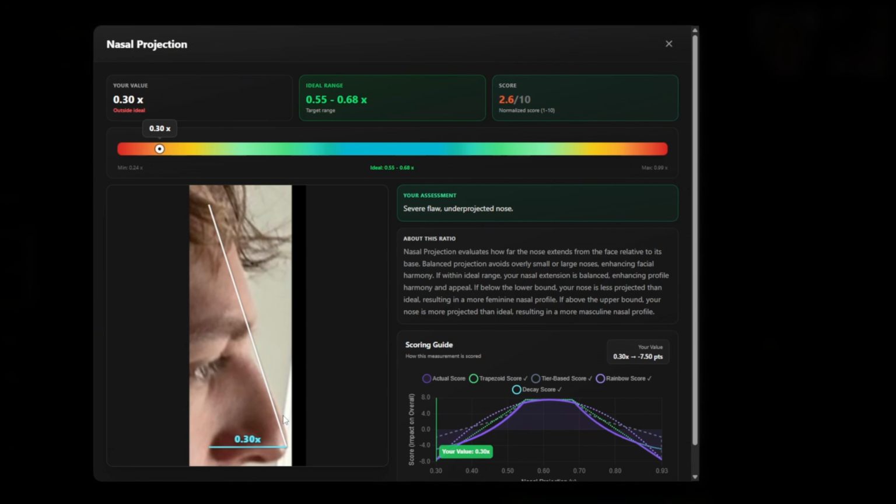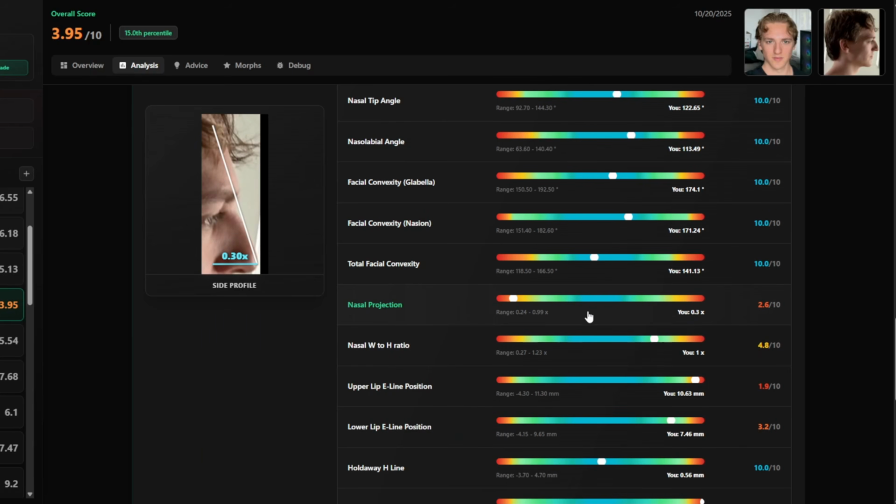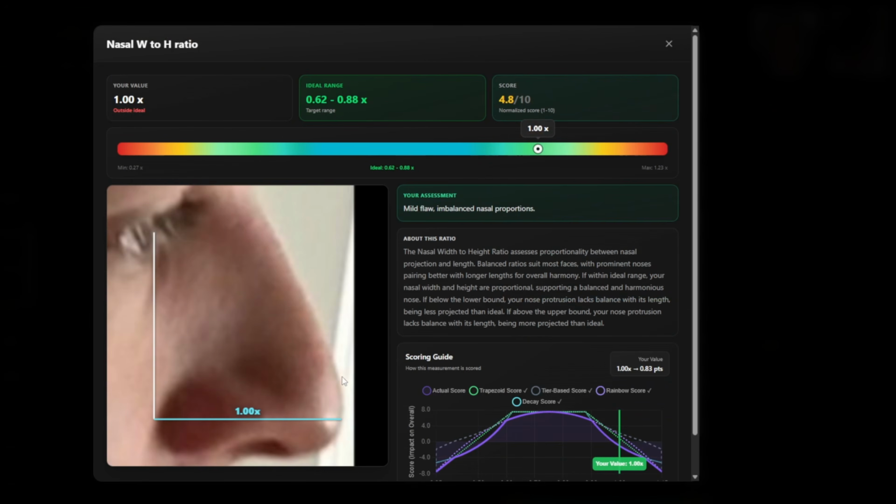His nose protrusion is normal. Or it could indicate some kind of flaw in his nose shape. You can see via this assessment that his nose protrusion is pretty normal, actually seems to be on the higher end compared to his nose height.